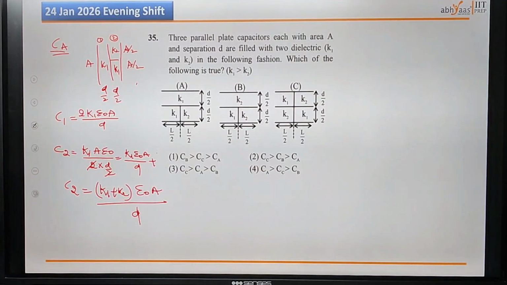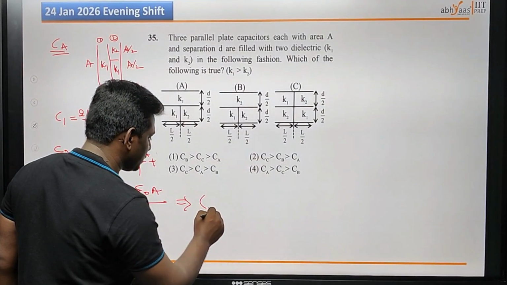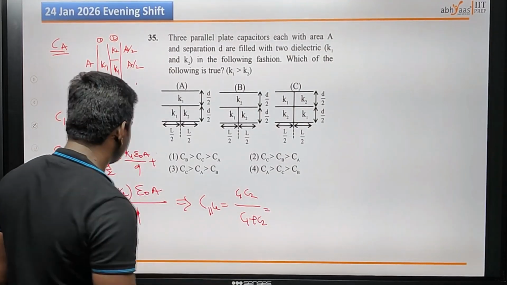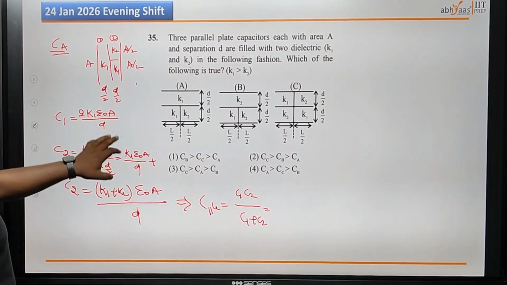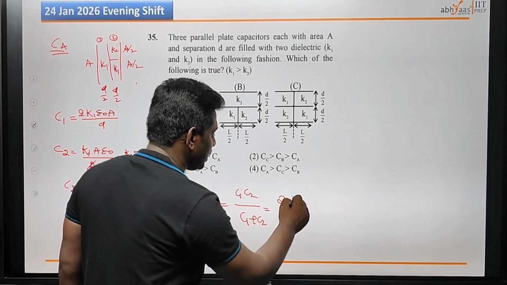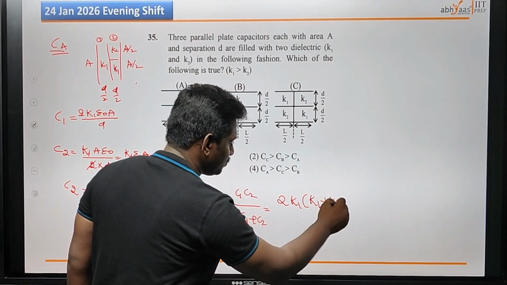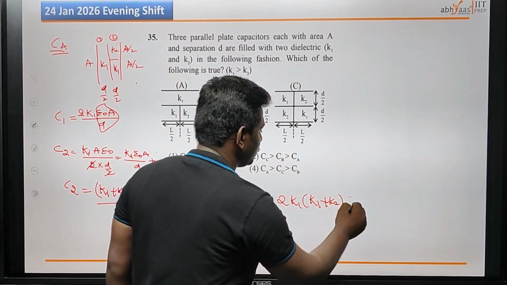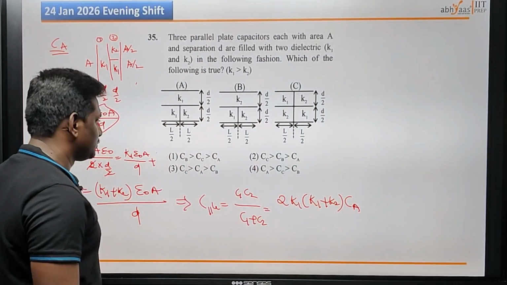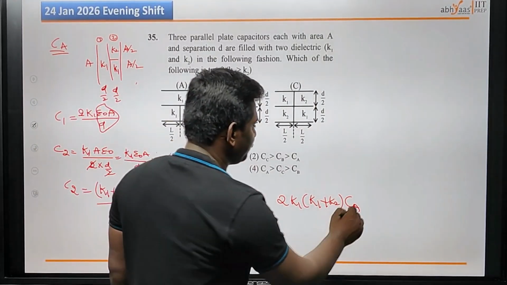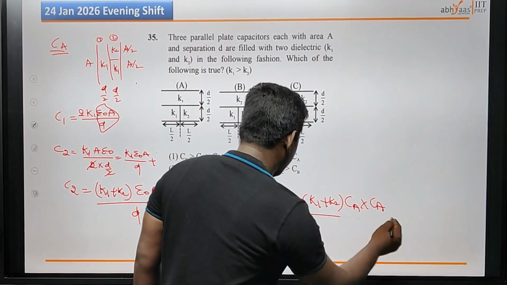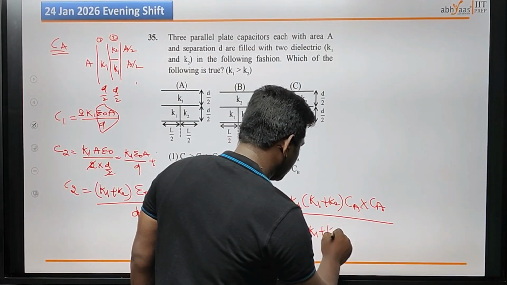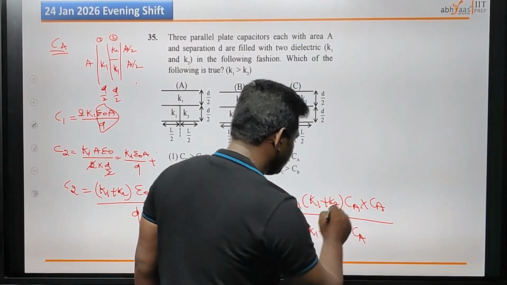C1 and C2 are in series with each other. So what is the condition? C series can be written as C1 C2 by C1 plus C2. See here, C1 into C2, 2K1, K1 plus K2. Take this one, this is CA into CA by 2K1, that is nothing but 3K1 plus K2 into CA.